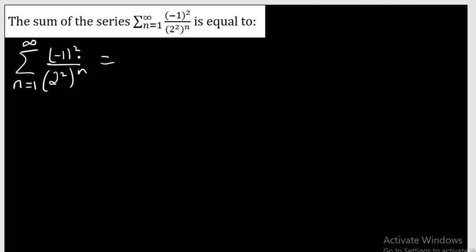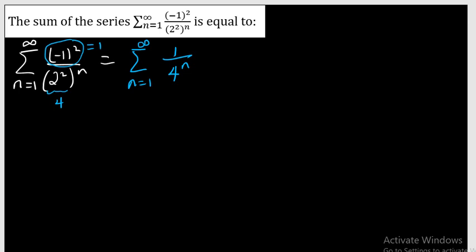What to do here? We can remove the square. (-1)^2 is the same as 1. Again here 2 squared is the same as 4. So this summation can be written as 1 over 2 to the power of n, n starts from 1 to infinity, not to the power of 4, I mean.